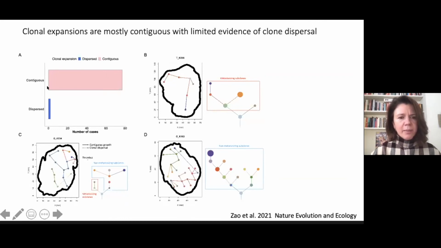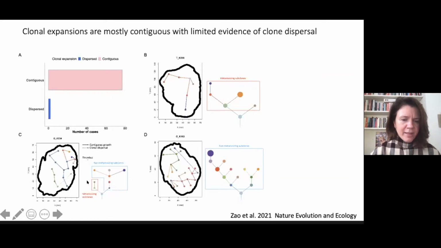So we see that the majority of the clones that we detect actually expanded contiguously, and very, very few showed evidence of dispersal. And I don't know whether you can appreciate that on this slide here, but for example, this green clone down here doesn't have a contiguous pattern of growth, but instead jumps across another clonal outgrowth.